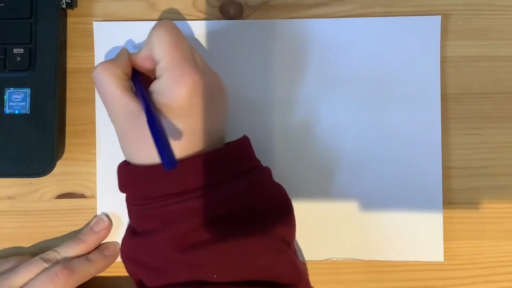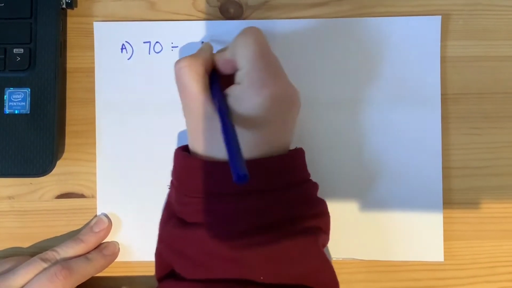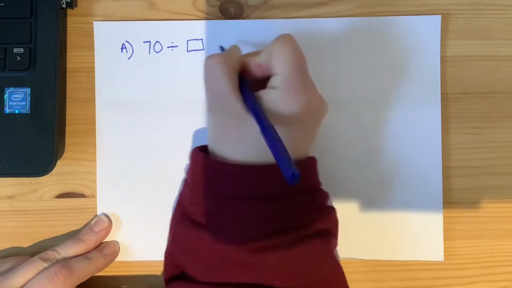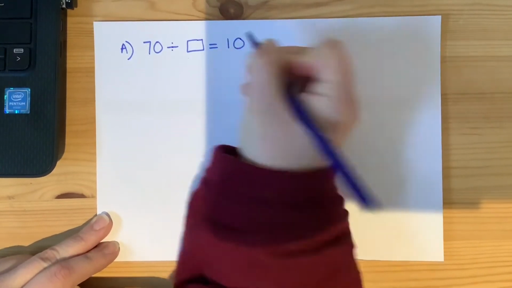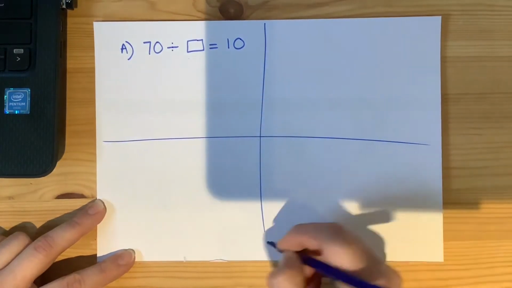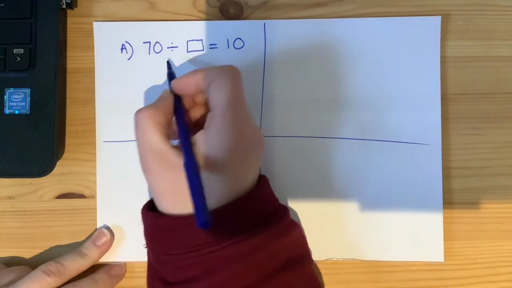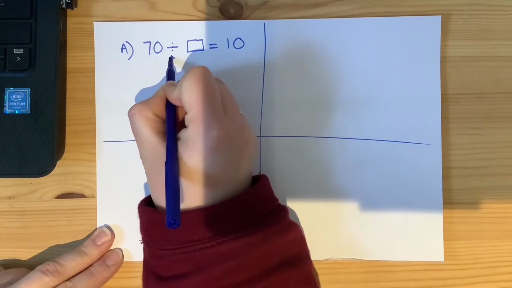So your first calculation for today was 70 divided by, and then it was a missing number, equals 10. Now you may have been able to use your times tables to calculate this problem, but you can also think of drawings and representations to help you solve this problem, because you know that this means shared.